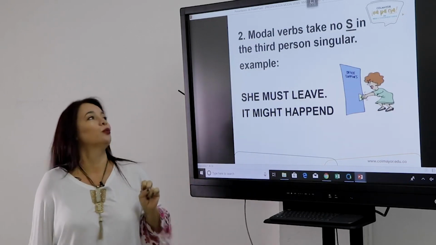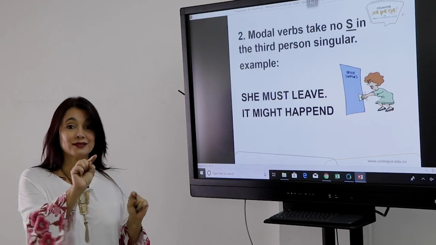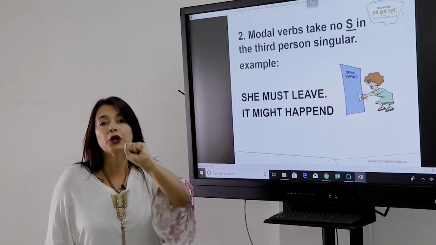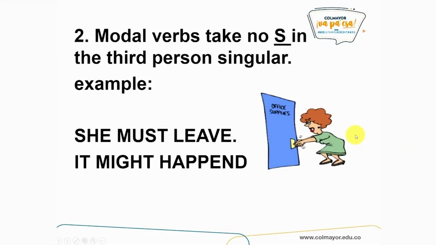Second rule, modal verbs take no S in the third person singular. For example, she must live. It might happen.